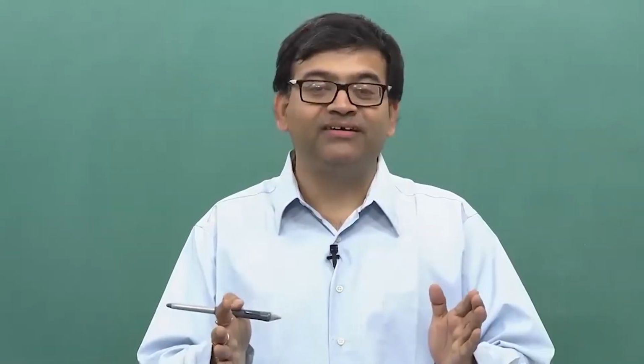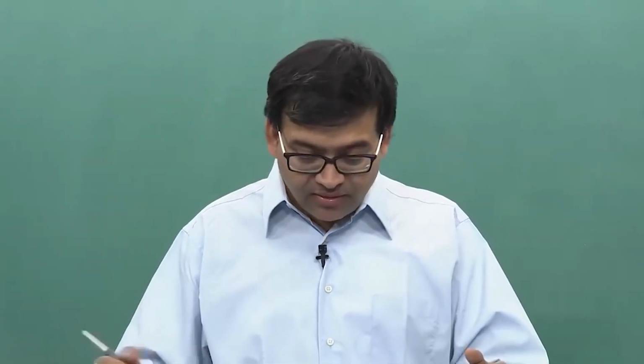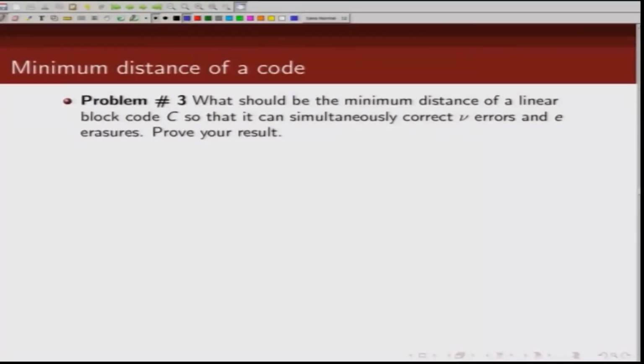So, you send n bits, and if E bits get erased, what you receive is n minus E bits. Error correction you are familiar with: we want to correct errors that have happened in so many bit locations. So, the question is, what should be the minimum distance of a linear block code that can simultaneously correct mu errors as well as E erasures?